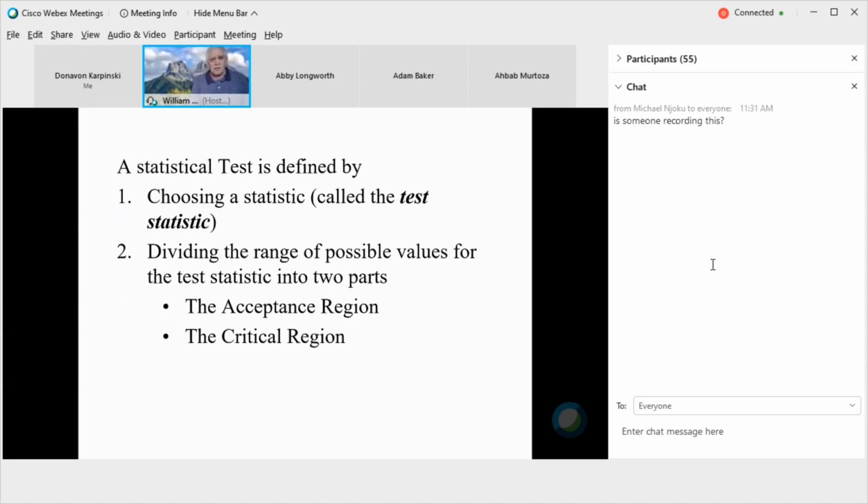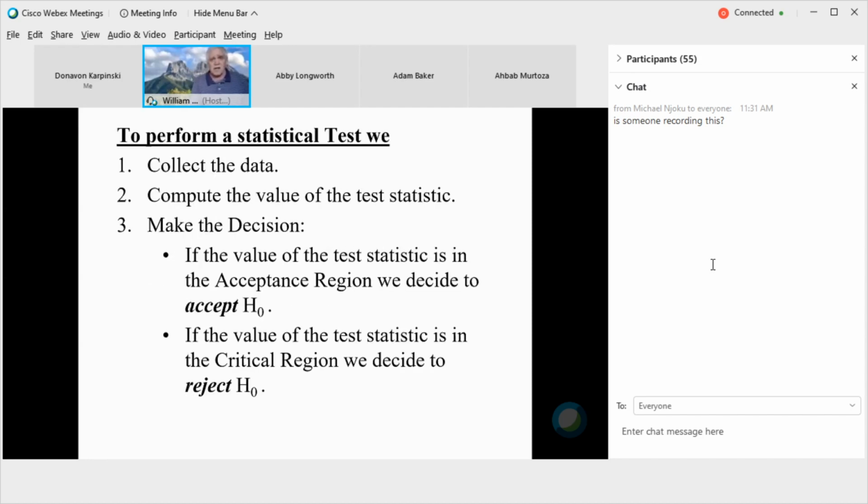Then you divide up its range of possible values into two, the acceptance region and the critical region. Then to perform the test, you collect the data, compute the value of the test statistic, and then you make the decision. If the value of the test statistic is in the acceptance region, you decide to accept H-naught. If the value of the test statistic is in the critical region, you decide to reject H-naught.